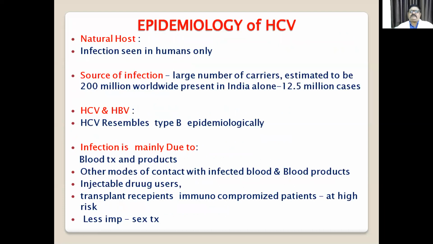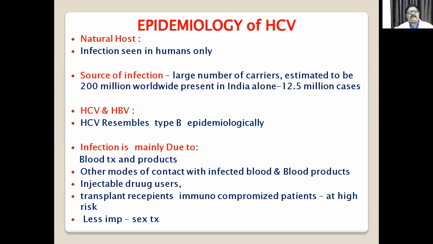Epidemiology, okay, it's a bit of a community medicine topic, but still we will just see the outlines. As we said, a large number of carriers, estimated to be 200 million all over the world. At present, India, 12.5 million cases, or even more, because at the time of preparation of this PowerPoint, now it may differ from 12.5 to slightly increase.